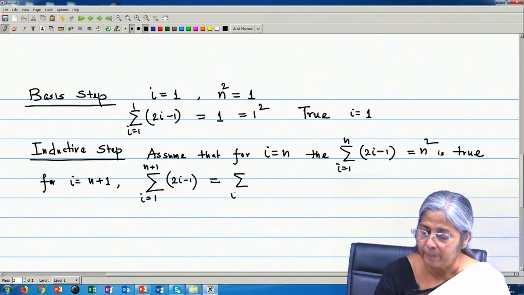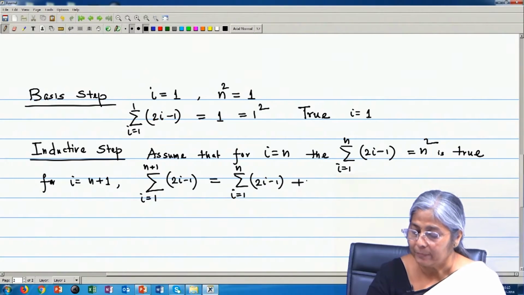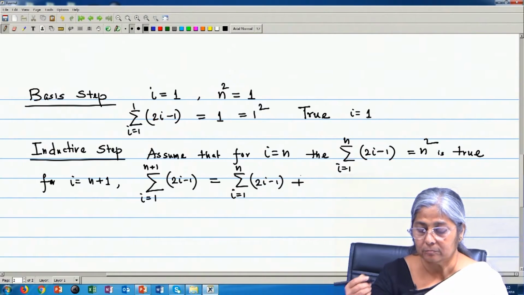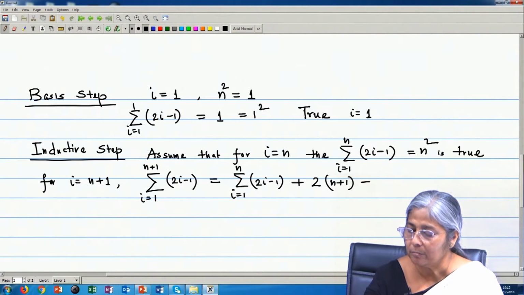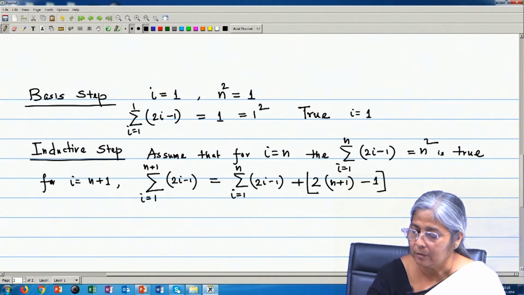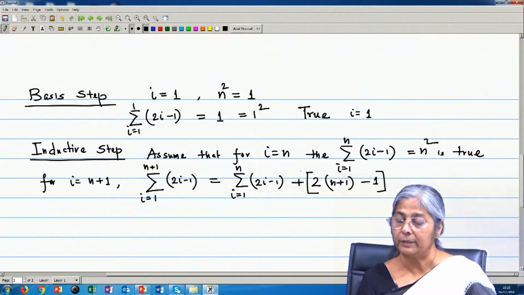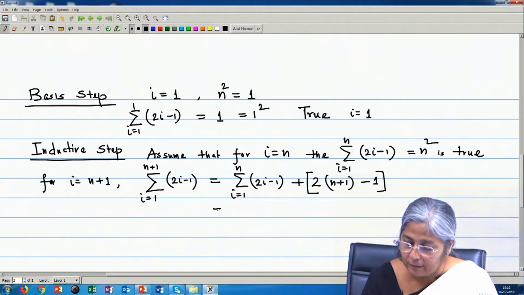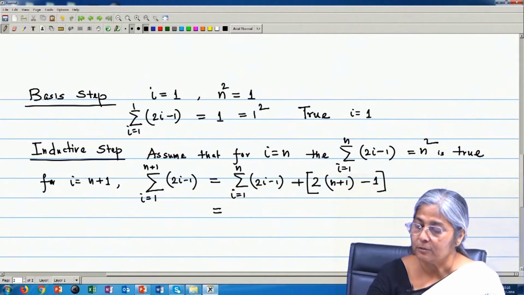I can write that as the sum for i equal to 1 to n of 2i minus 1, plus the value for i equal to n plus 1, that means 2 into n plus 1 minus 1. This is my last element, the last odd integer when i equals n plus 1. Now, according to the inductive hypothesis, it is true for n.